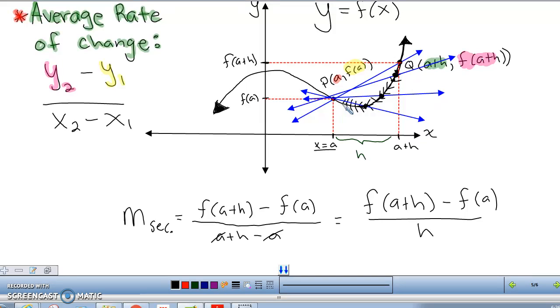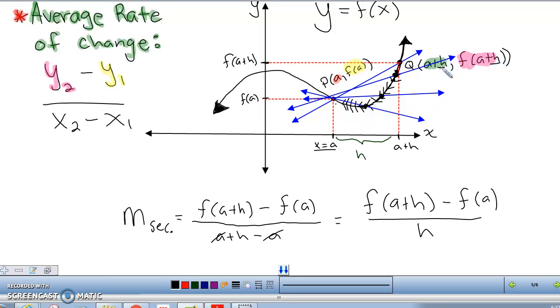Eventually we're going to get close enough where this point will get real close to that point x equals a and f of a, so point P. Okay, so what's happening to h as we're doing this? Well, the closer we get to point P, h is getting more and more insignificant.